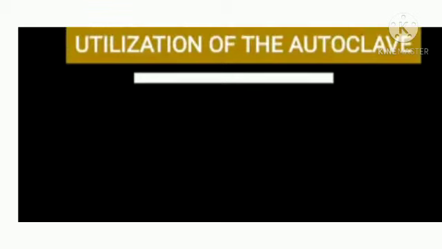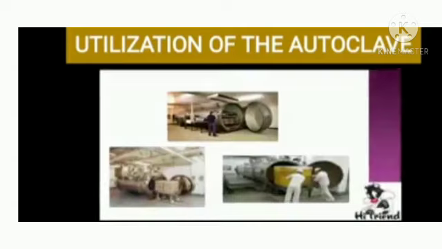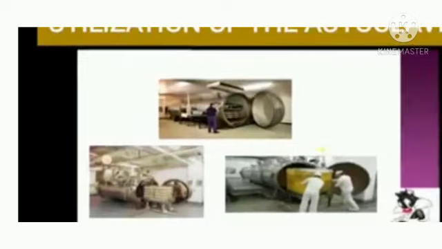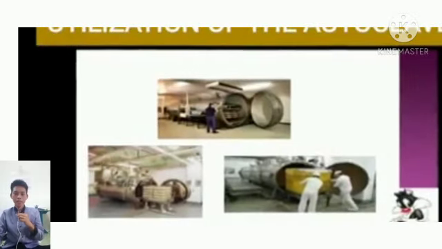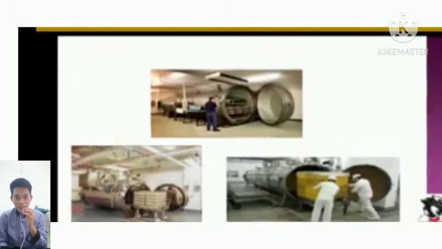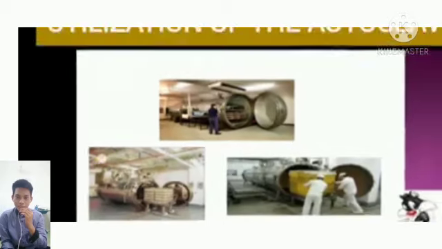Okay, this is the utilization of the autoclave. This is a picture of various autoclaves that are used in a company, where the autoclave is not only used in chemical laboratories, but also in the industrial world.